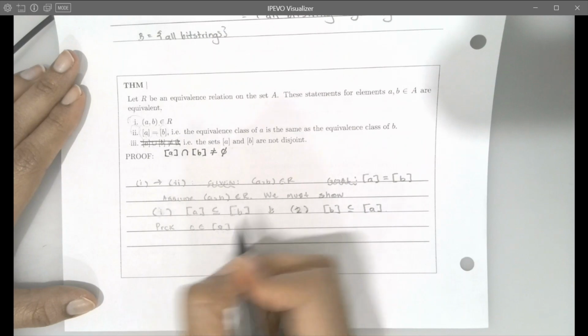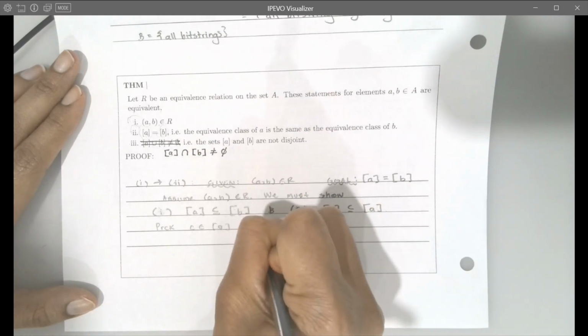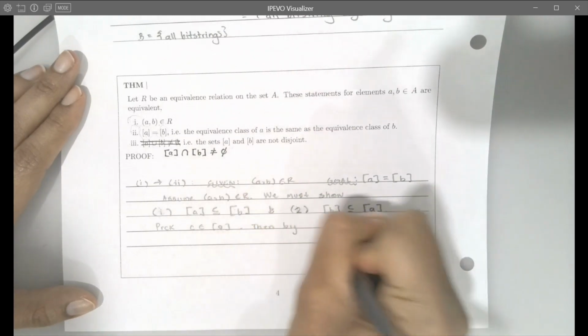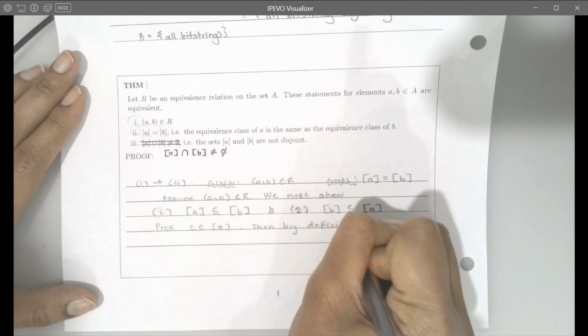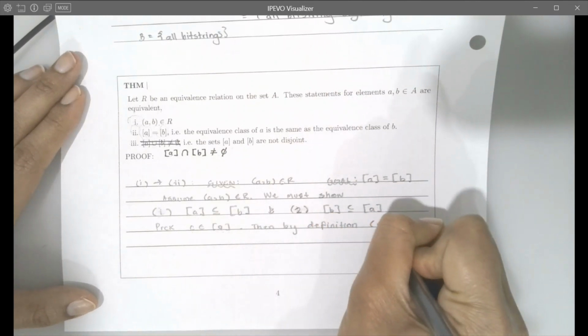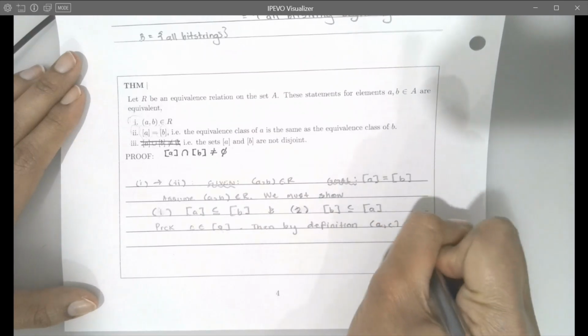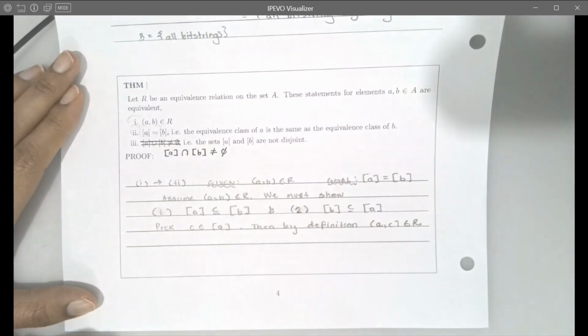Well, if it's part of the equivalence class, then by definition, A comma C has to be part of the relation. Okay.